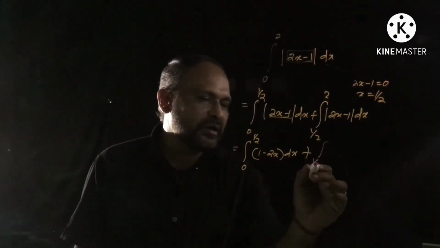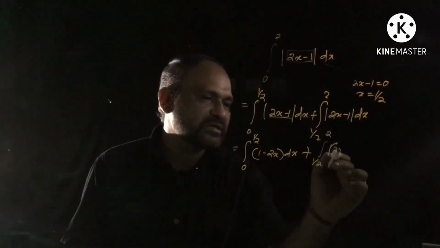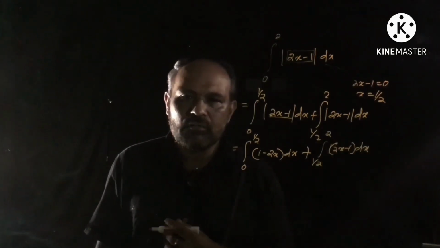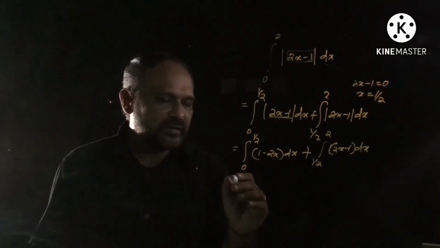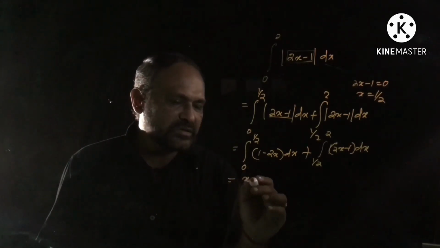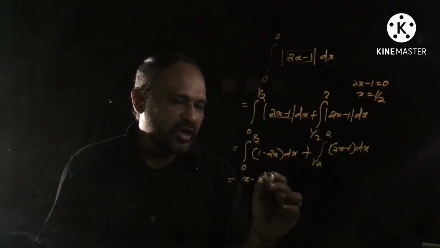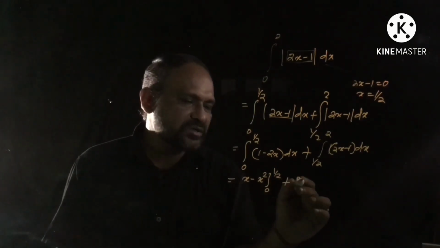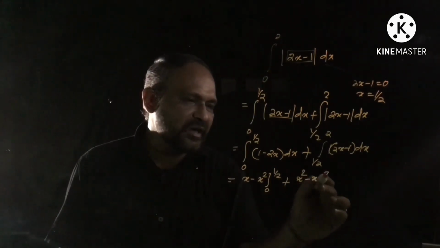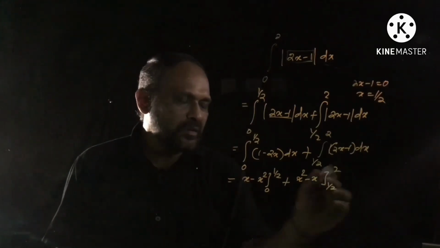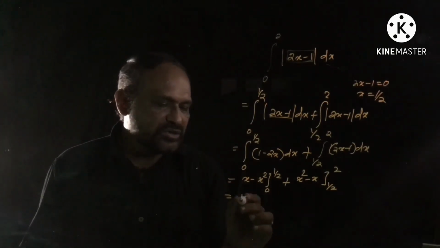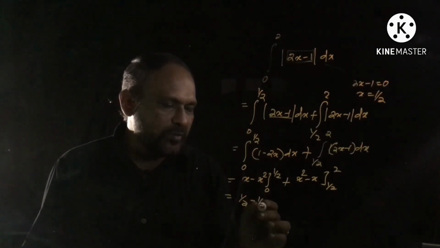Therefore, we can write integral from half to 2 of 2x minus 1 dx. Now we have to integrate. So this is equal to x minus x square from 0 to half plus x square minus x from half to 2. First we take x equal to half. So this is half minus 1 by 4.